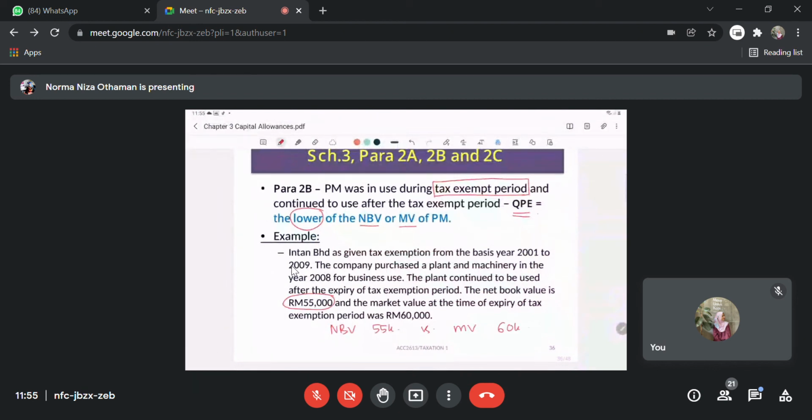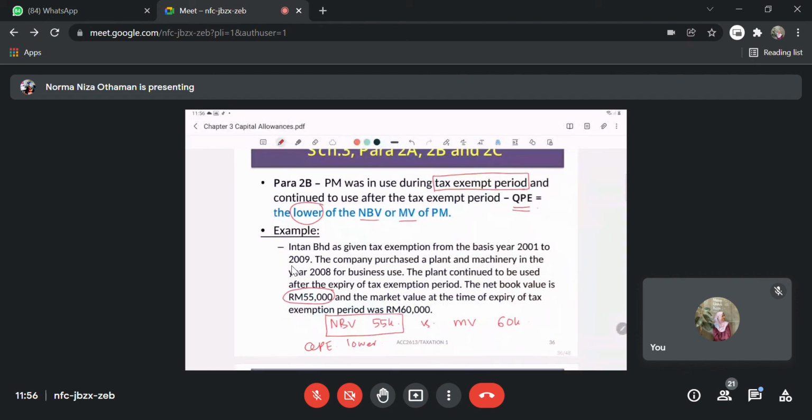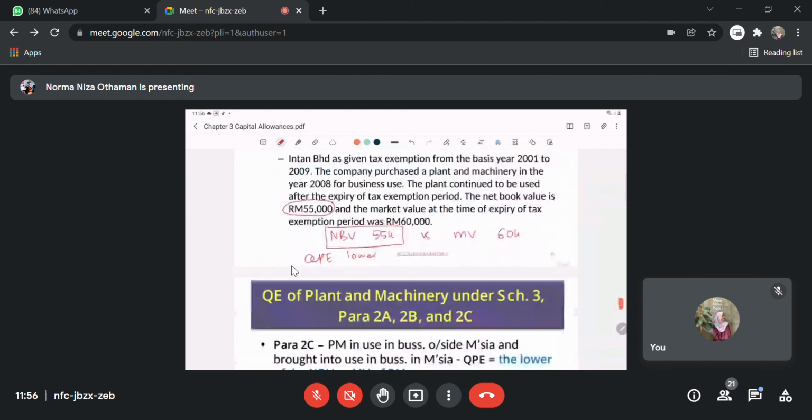So the answer kita nak ambil yang mana guys? Book value. Okay. So the answer is we choose the lower. So the QPE is at the net book value 55,000. Okay. Kalau ada soalan boleh tanya.